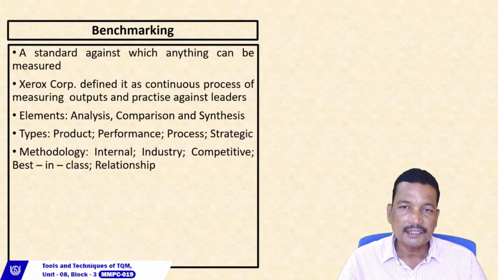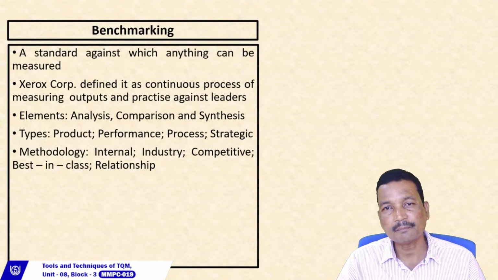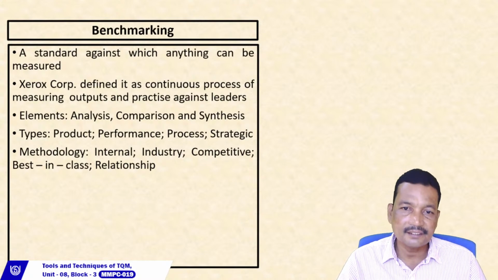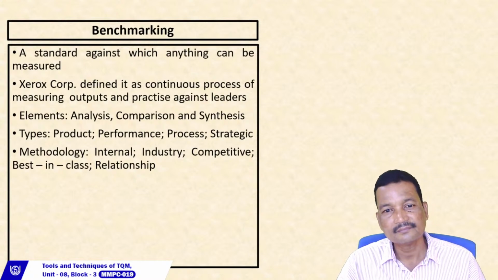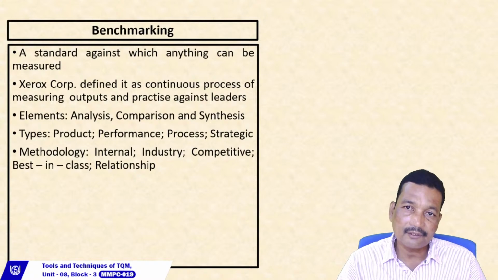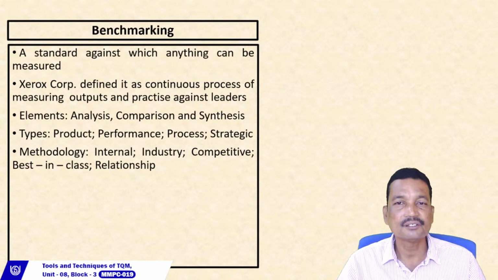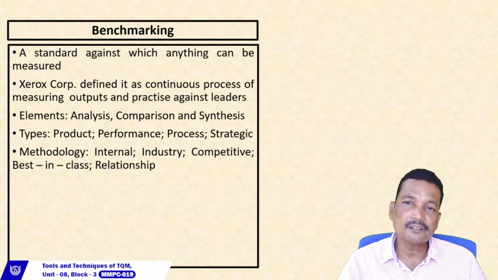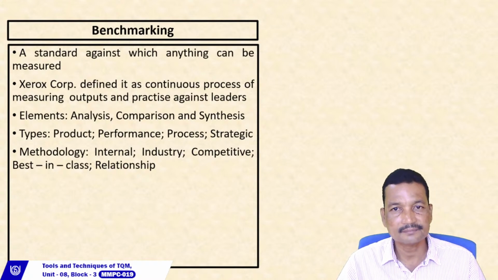Now, if we find certain kinds of advantages in the competitor's product or performance or the process, we try to take it as a benchmark. We try to analyze where we are standing. How can we reach or get beyond our competitors?